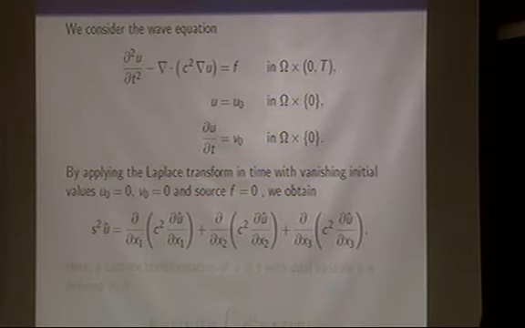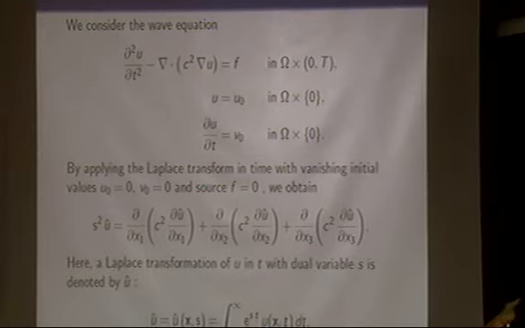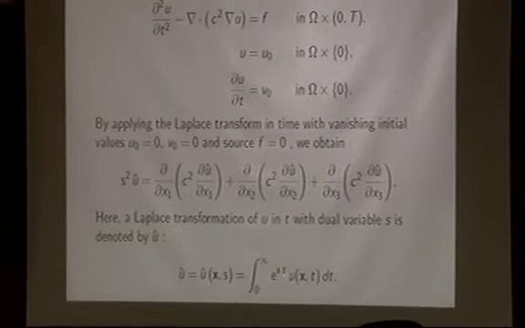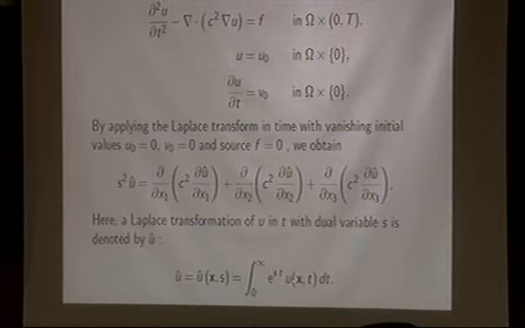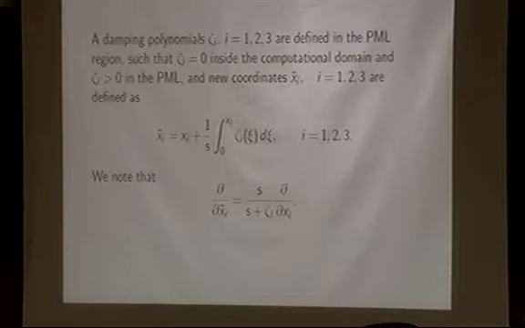This Laplace transformation we can determine with the dual variable, some kind of scalar variable, and time. For example, if you put S equals the complex number I times omega, then the waves are damped. So for the damping profiles, we define new variables with this.